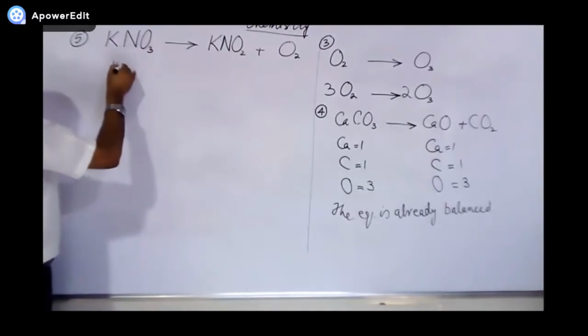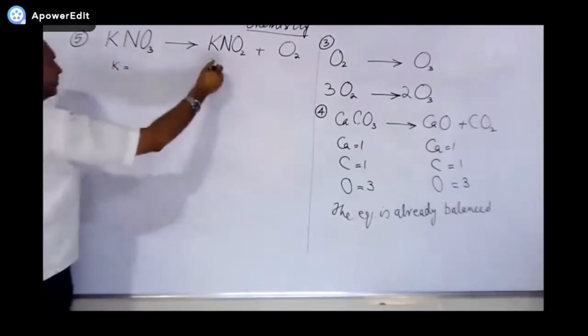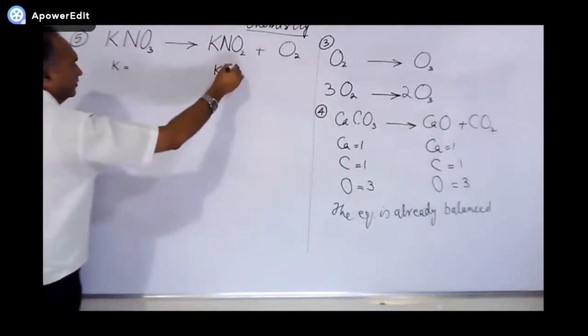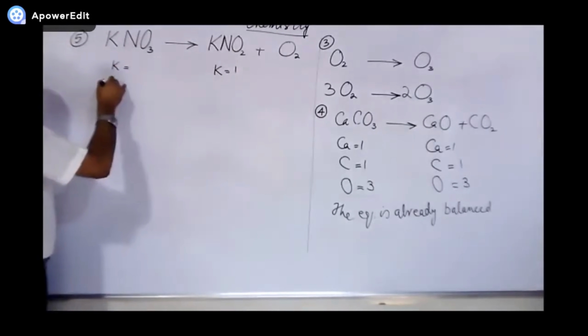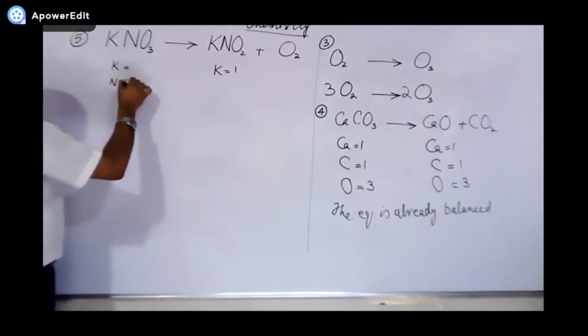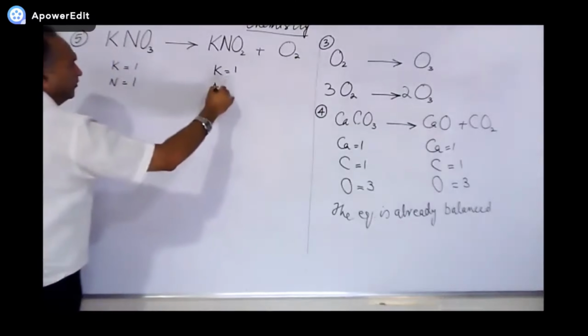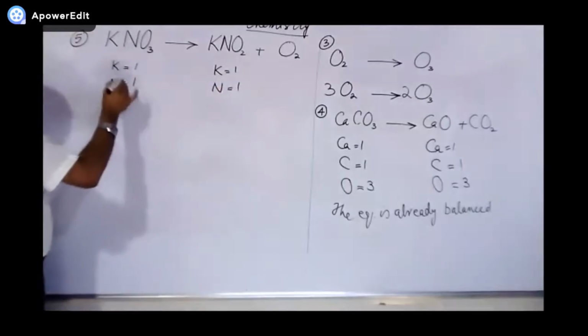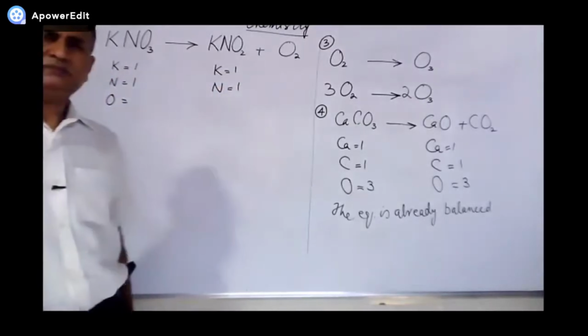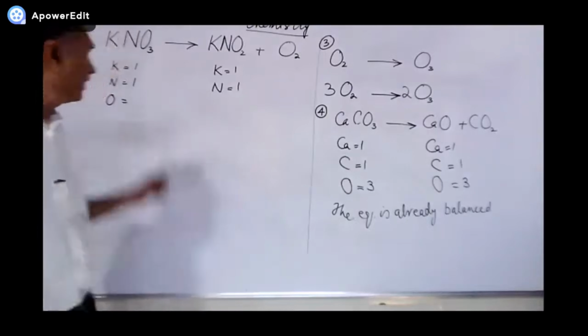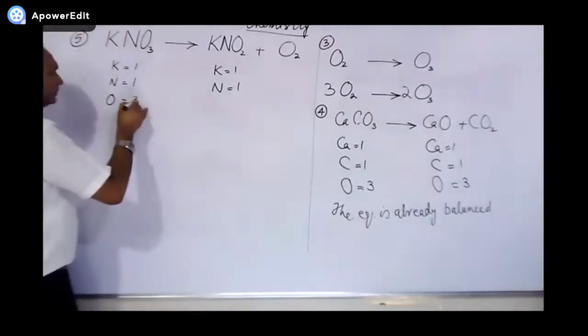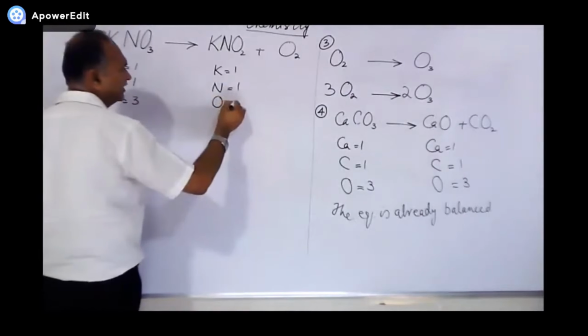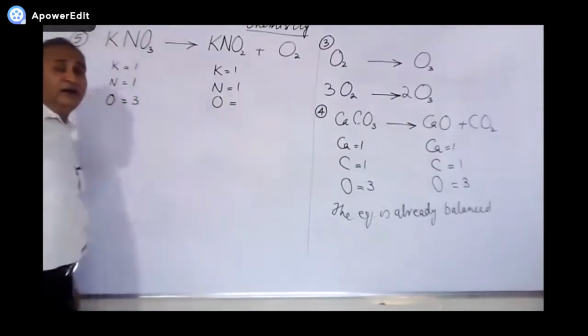Right now we have 1 potassium, 1 potassium, 1 nitrogen, luckily 1 nitrogen. How many oxygen do we have on the left side? 3. And how many oxygen on the right side?